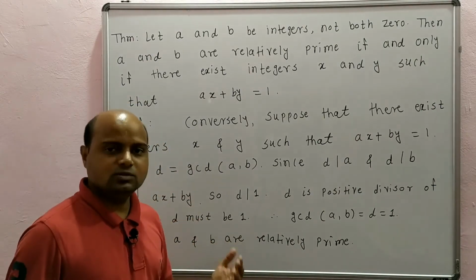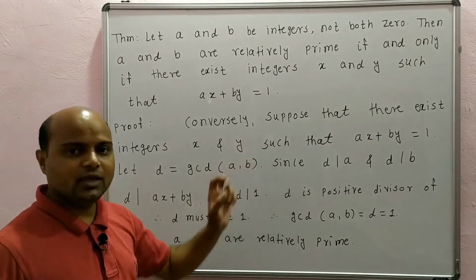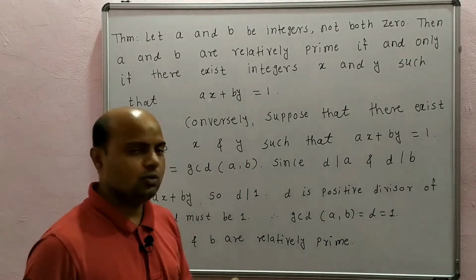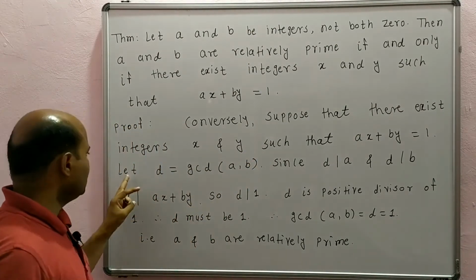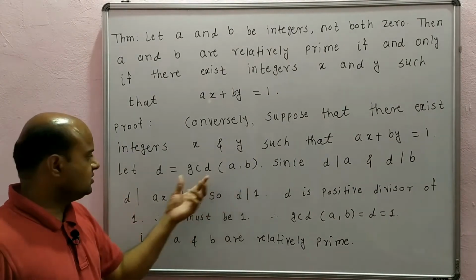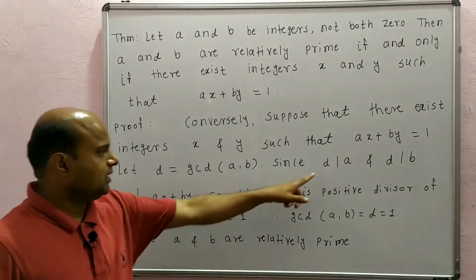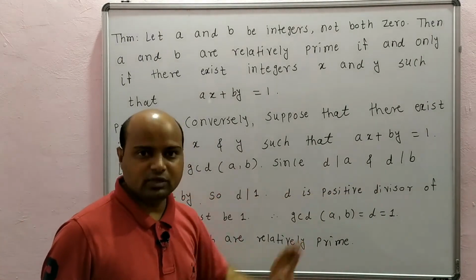Conversely, suppose that there exist integers x and y such that ax + by is equal to 1, and let d equal the GCD of a and b. Since d is the GCD of a and b, d divides a and d divides b.